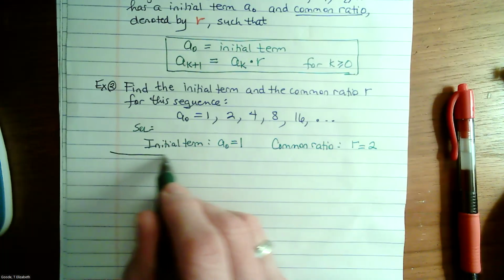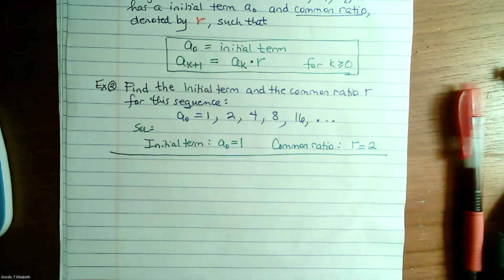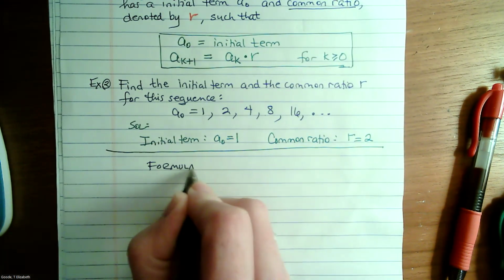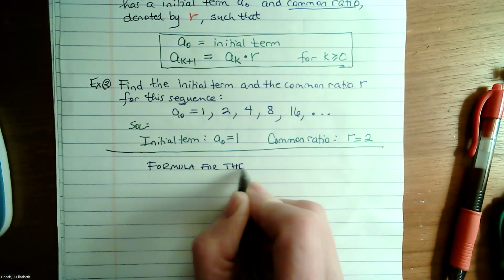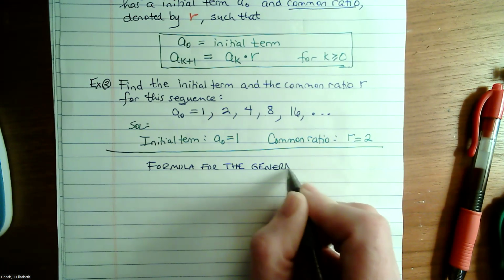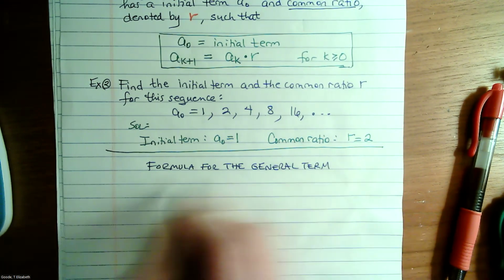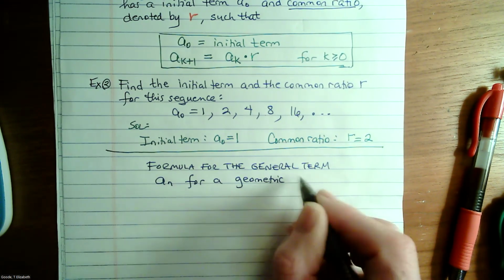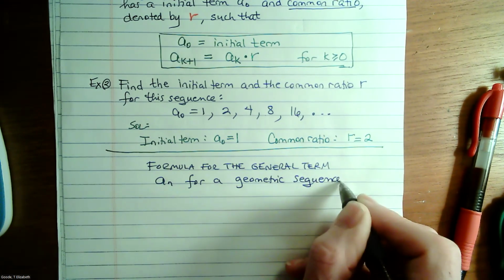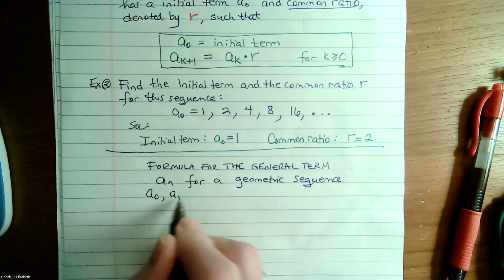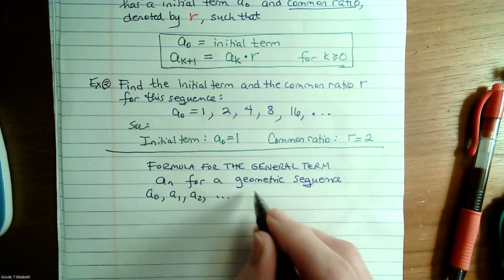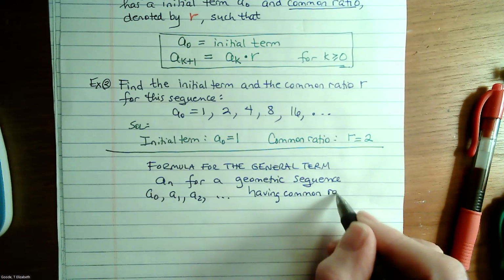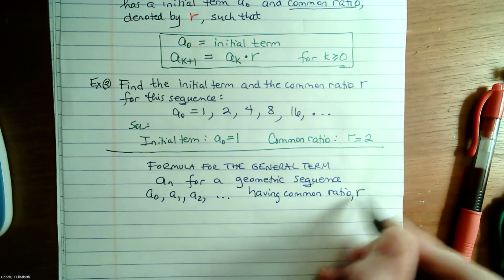We have a formula for the general term a sub n of a geometric sequence. So here's the formula for the general term a sub n for a geometric sequence a naught, a1, a2, dot, dot, dot, having common ratio R. I'm saying all this stuff over and over because I don't want there to be any confusion, but there really couldn't be.